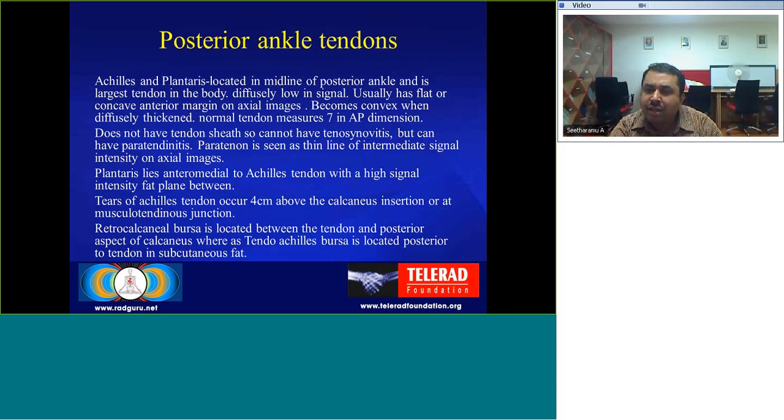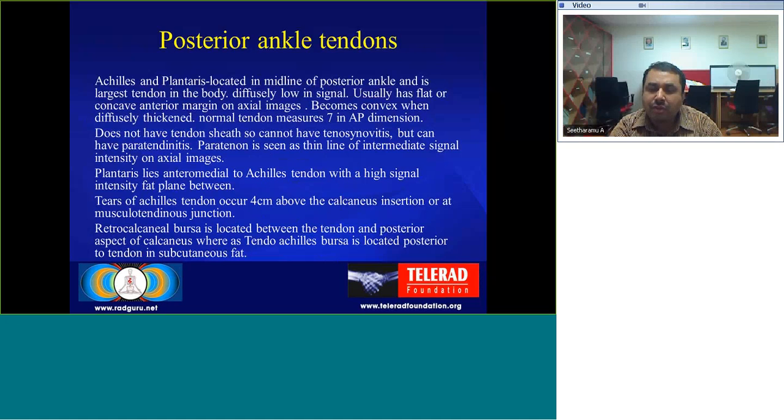The paratenon is seen as a thin line of intermediate signal intensity on the axial images. The plantaris is a small tendon which lies anteromedial to the Achilles tendon, and high signal fat separates the two structures. Tears of the Achilles tendon usually occur 4 cm above the calcaneal insertion or at the musculotendinous junction.